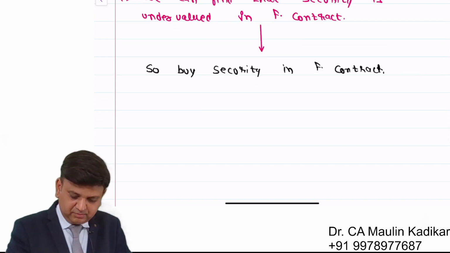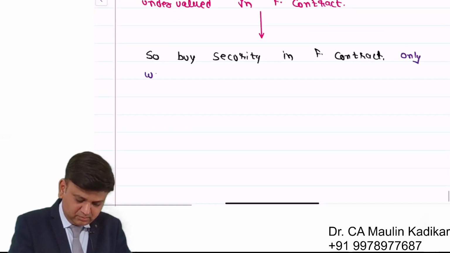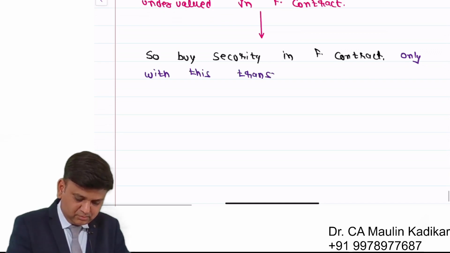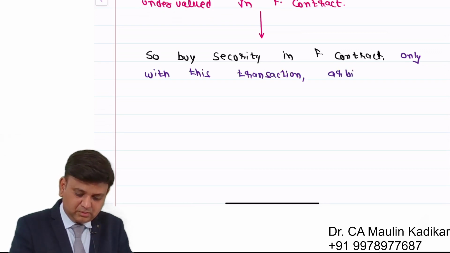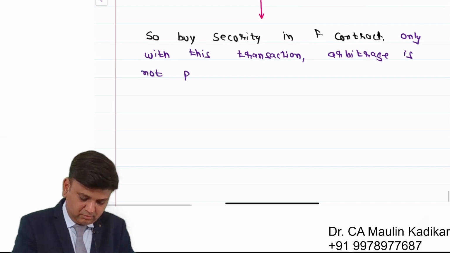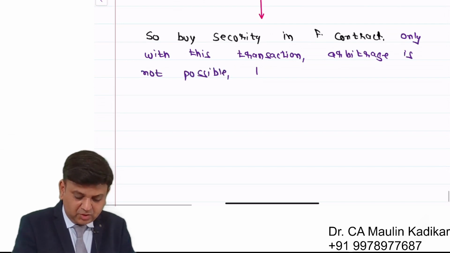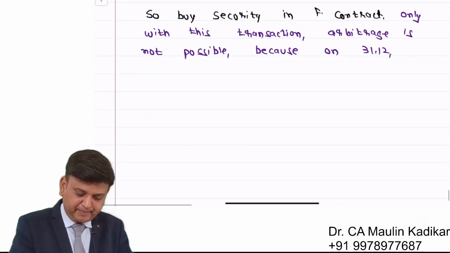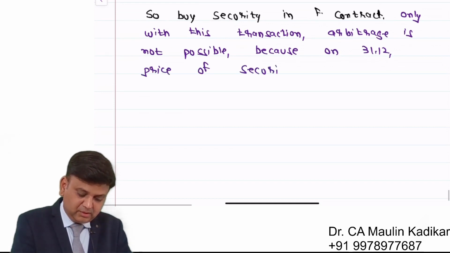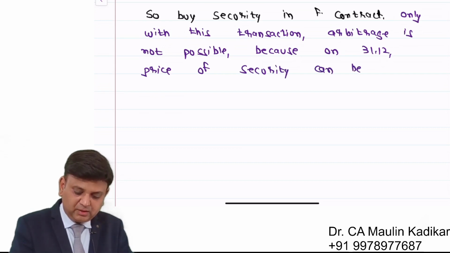Only with this transaction arbitrage is not possible, because on 31st of December price of security can be less than 235.